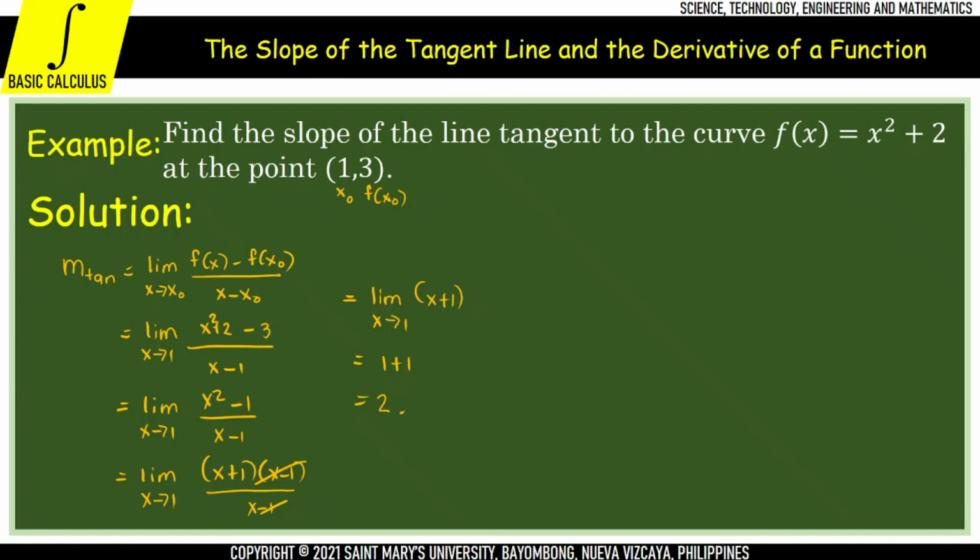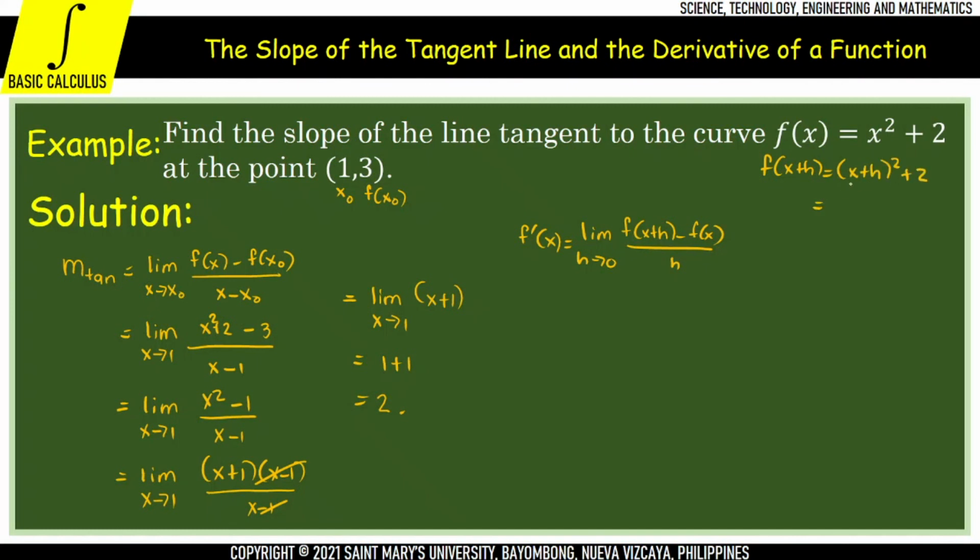Paano naman paggagamit tayo ng derivative? So, we have f prime of x is equal to the limit of f of x plus h minus f of x all over h as h approaches 0. Which means that hanapin ulit natin yung f of x plus h that's equal to x plus h squared plus 2.